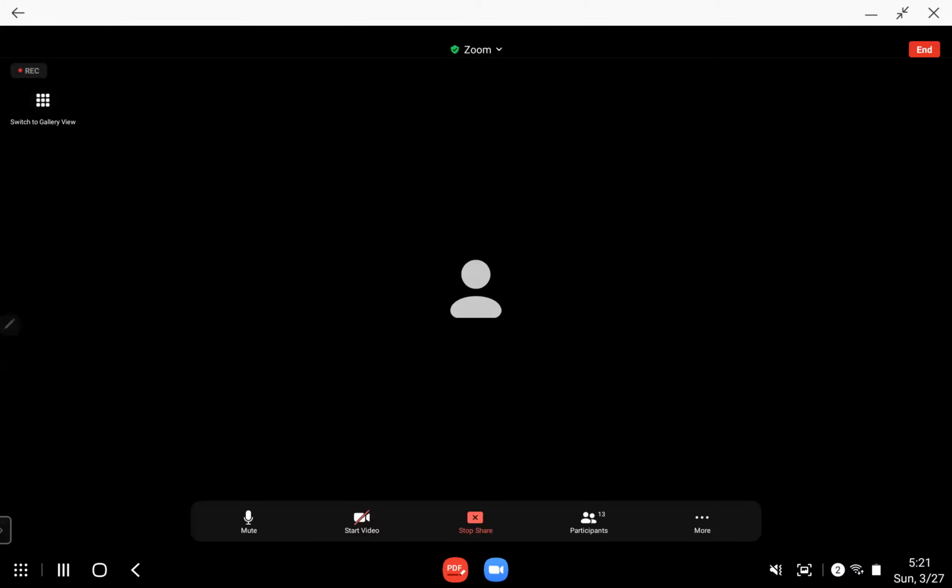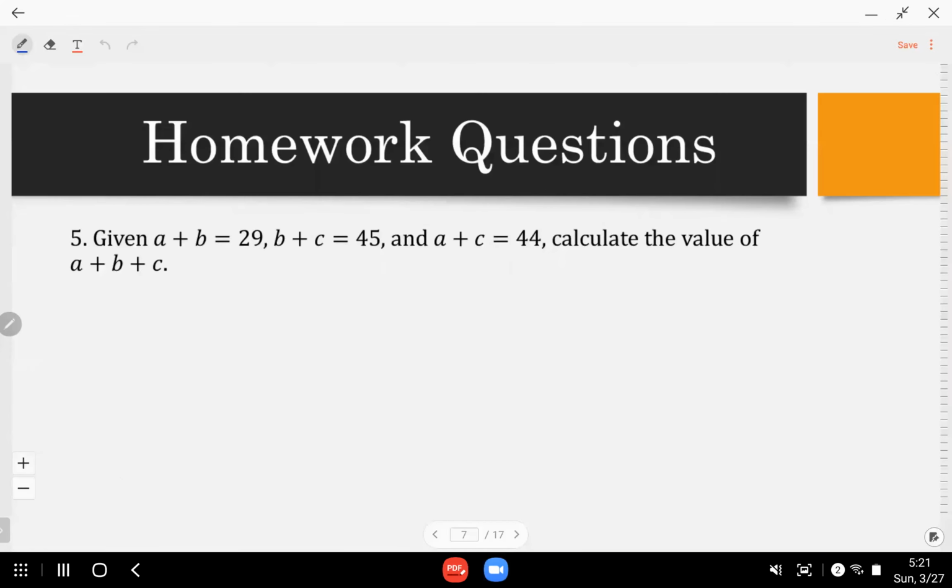All right, so how are we going to do this? It says that a plus b equals 29, b plus c equals 45, and a plus c equals 44. So that means a plus b plus c plus a plus c equals all of those numbers added together, which is 118.